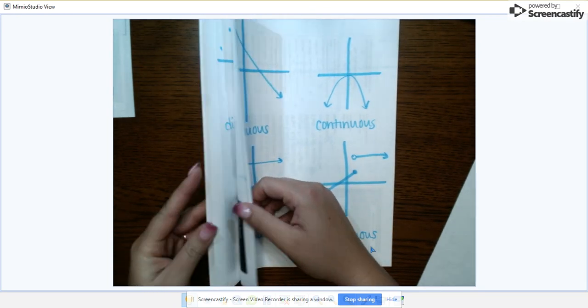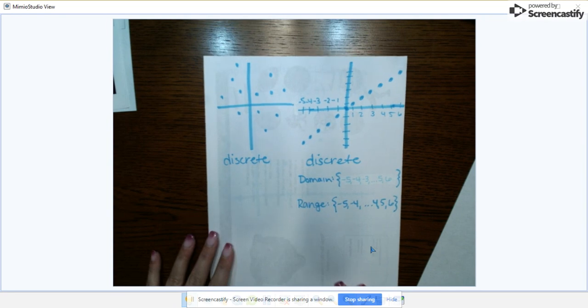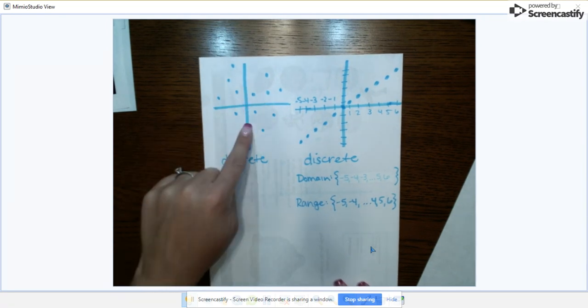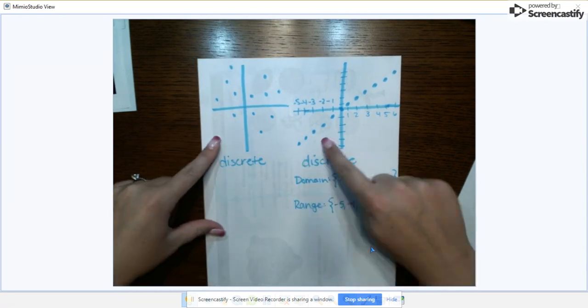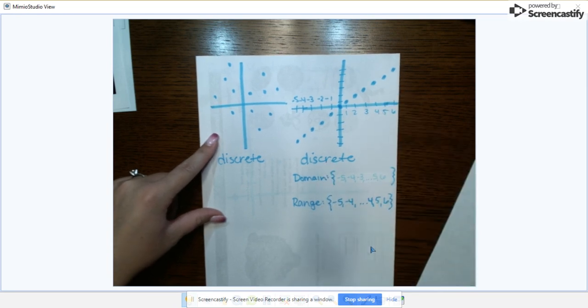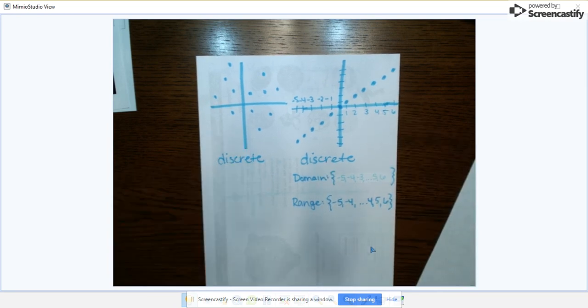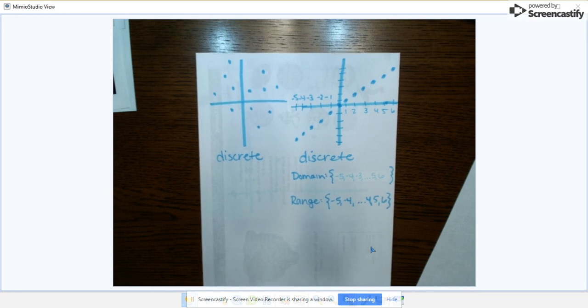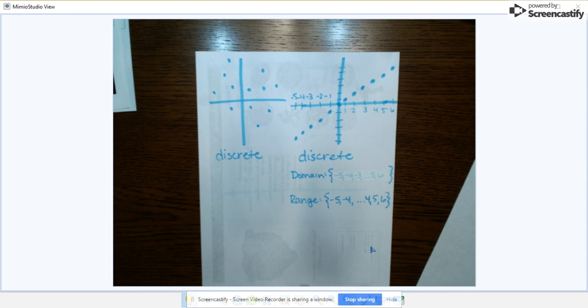Here is discrete examples. So just a bunch of individual dots. This one seems to have more of a pattern or correlation. With discrete functions, you can find the domain and range, just like you can with a continuous or discontinuous function. But with our domain, we have to say our individual points.